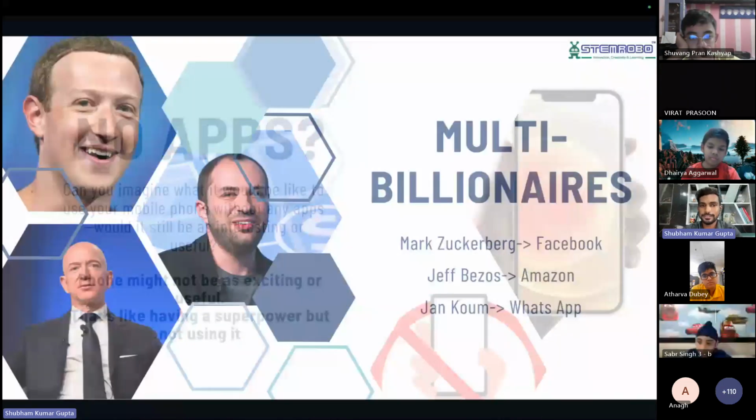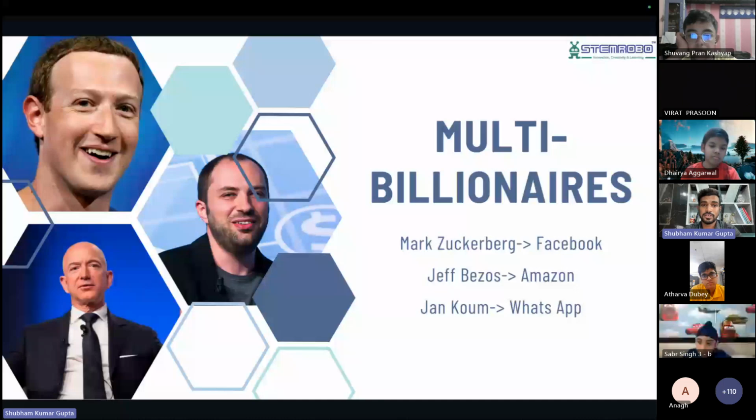If you can notice these persons, right? These are people who are multi-billionaires, and you can observe their faces. This is Mark Zuckerberg, right? That you are already aware of. He's the founder and co-CEO of Facebook, right? Similarly, Jeff Bezos, who invented an application that is Amazon.